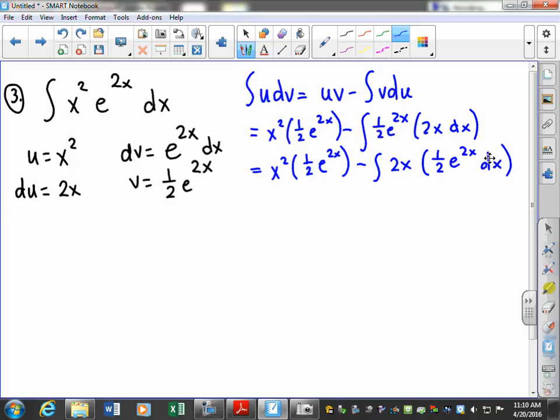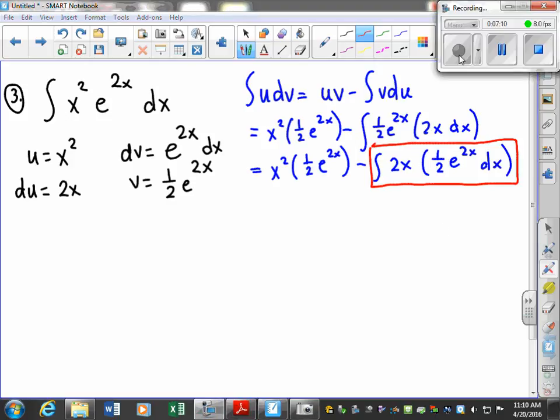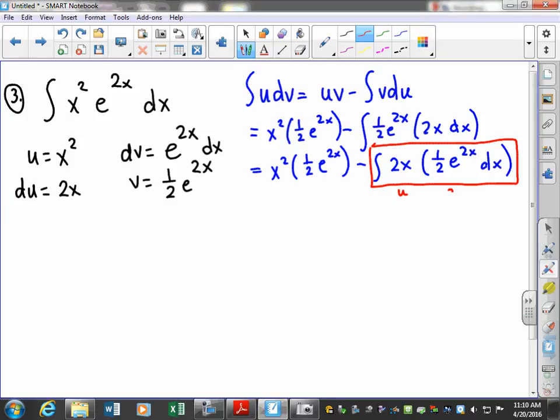Integration by parts again. So really just for this portion of it, we'll have to determine a u and dv again. So we'll let this be u and the more complicated one be dv. So let's come over here and do this again. u is equal to 2x, and the dv is equal to 1/2 e to the 2x dx.